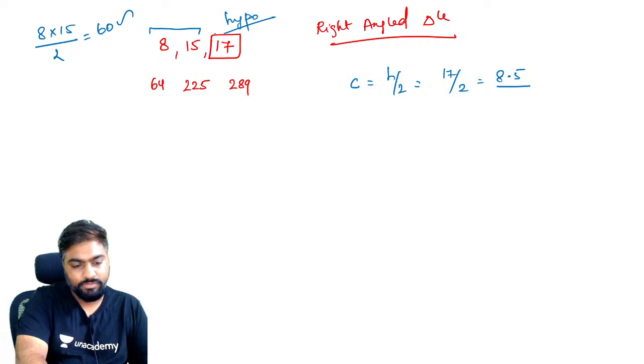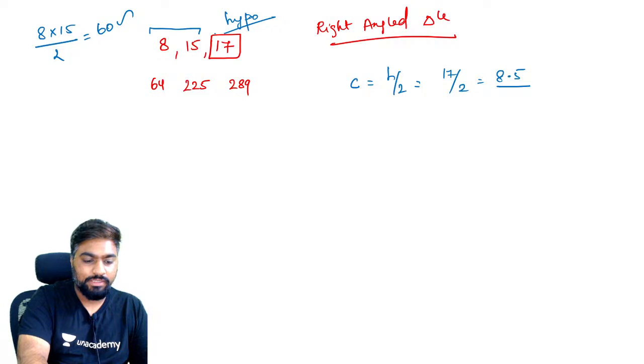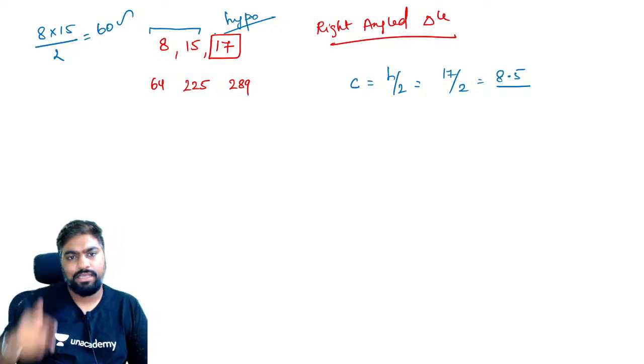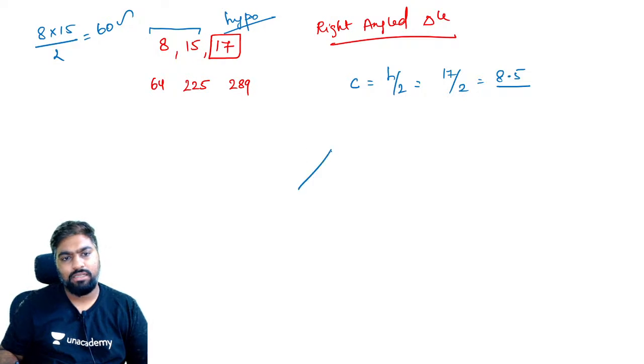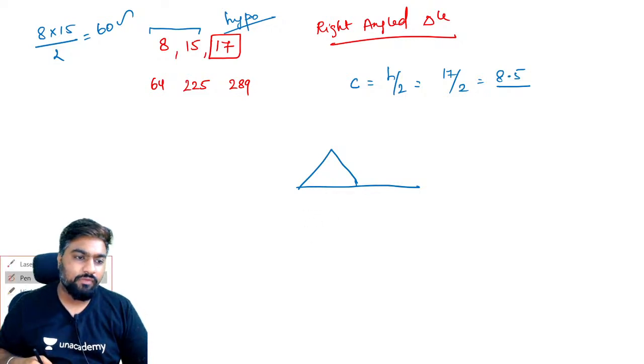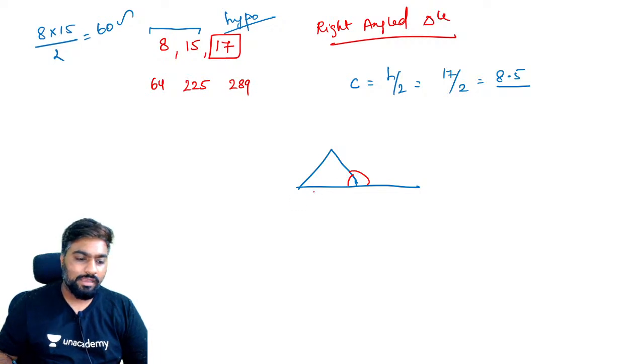Correct. The second one was also very simple. Isosceles triangle, external angle. They're saying one of the angles is 40. If this is 40, then this can be 140. So 140 is accepted. Yes. What were the next options?